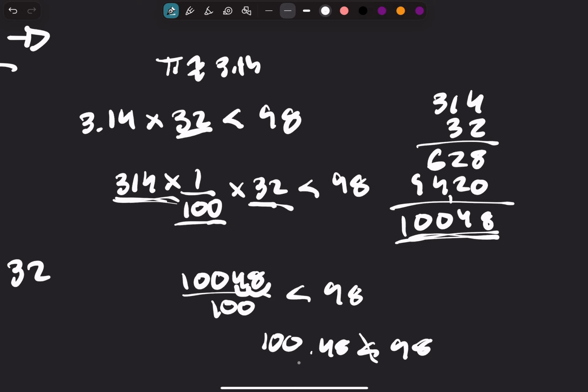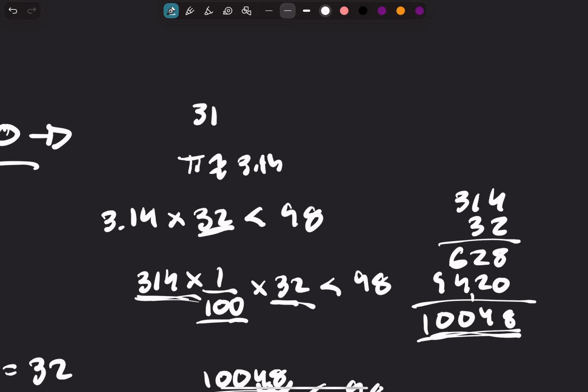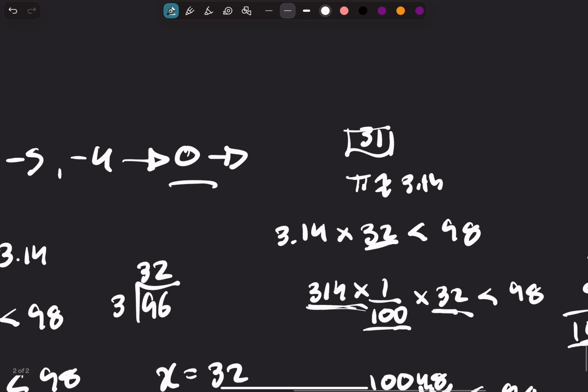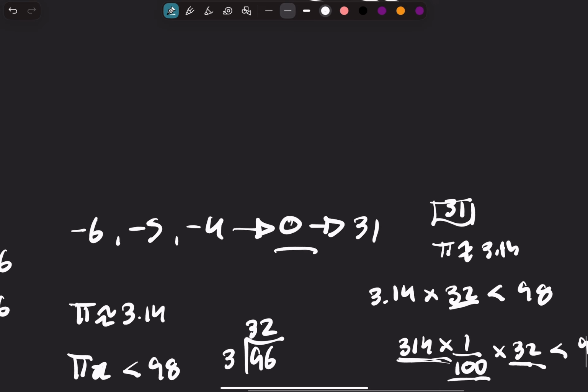But if we take 31 pi, then we have this minus the pi, which is about 3.1, which is going to take us down to 37 point something, which is less than 98, so that works. So that means 31 is our last good value. So we know that it goes from negative 6 all the way to 0 for the negatives, and it goes from 0 all the way to 31.